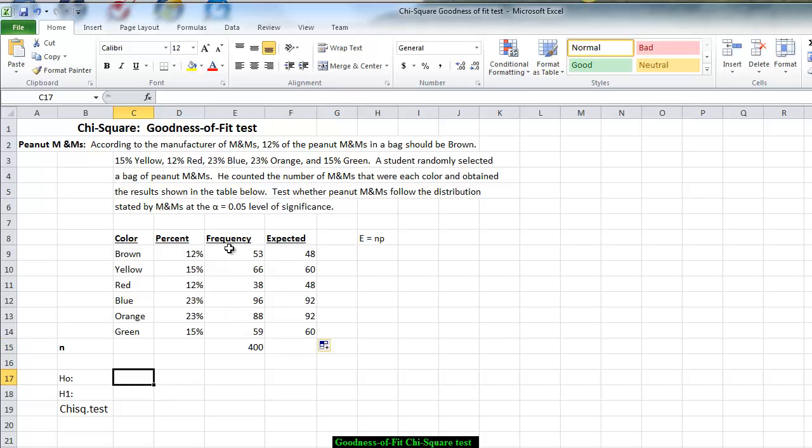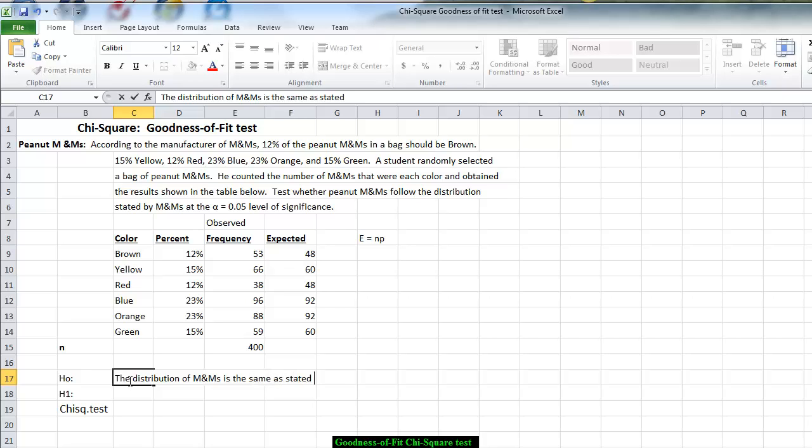Now that we have the observed value, which is our frequency, and the expected value, which we calculated, we're going to set up our hypothesis test. The null hypothesis says the distribution of M&Ms is the same as stated by the manufacturer.